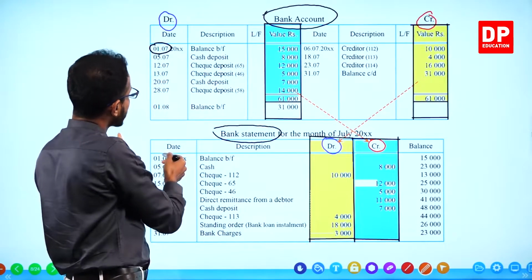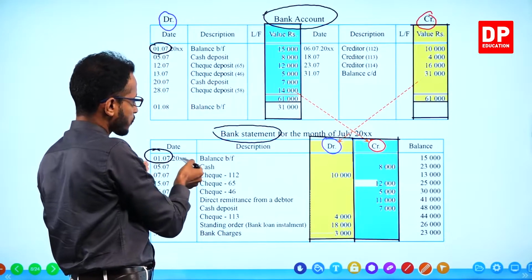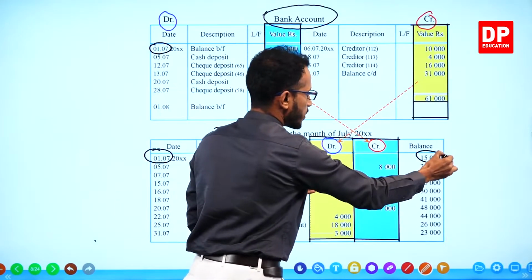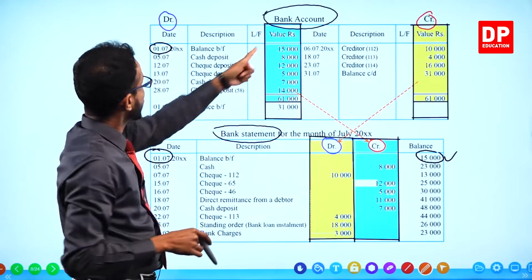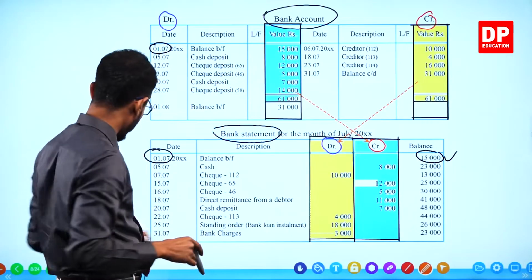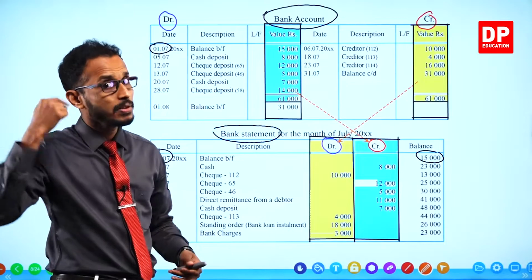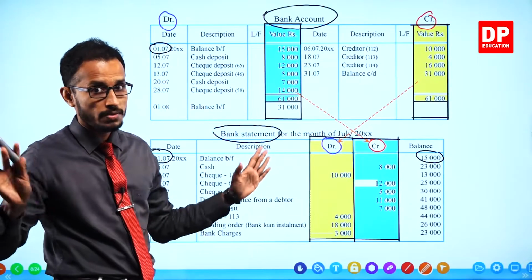Let's check that balance in the bank statement. It should be in the balance column. Yep, it's there, but we don't have to tick that because that is the opening balance. Just remember that the opening balance is correct, no problem in the opening balance.